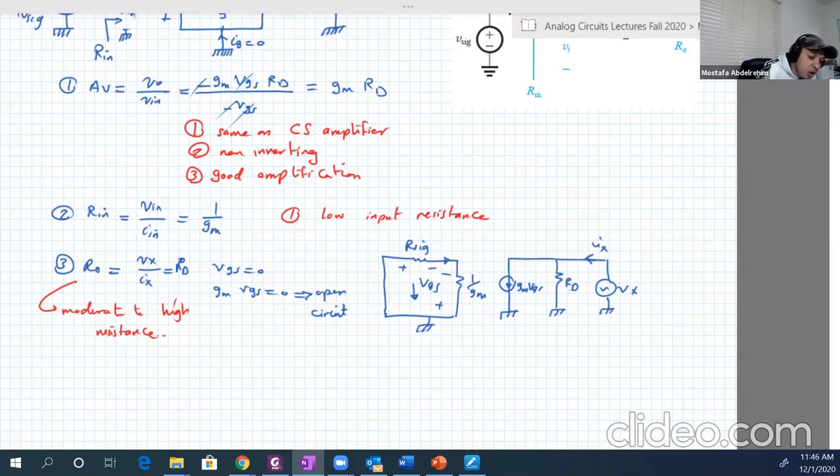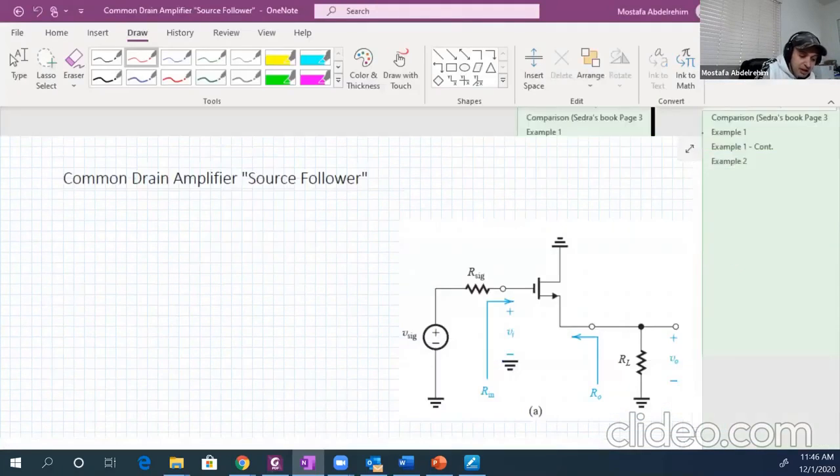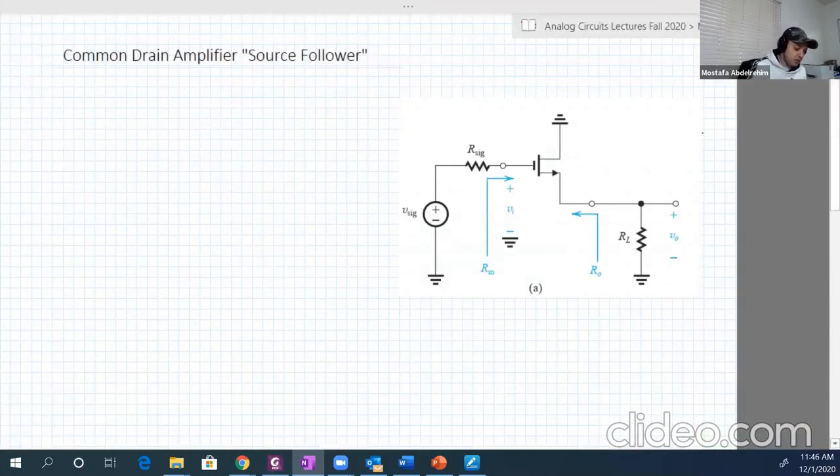Okay, let's now go to the common drain amplifiers. This is the last configuration we have. With common drain amplifiers, the input is at the gate, as we see here. The output is at the source, and the drain is just common between them. Okay, so let's draw the equivalent circuit and see. I'm going to solve this particular example using 2 solutions, and basically they will merge to the same result, because it's the same circuit.